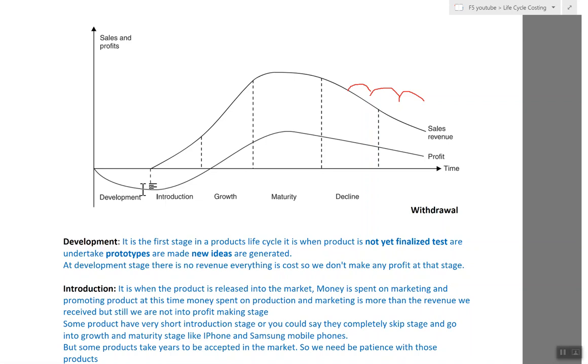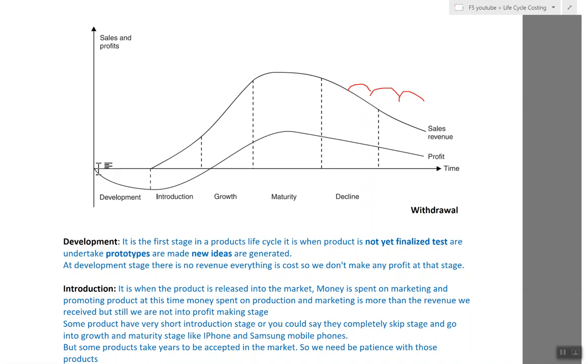So we shouldn't worry. Life cycle costing actually tells us you shouldn't worry about the product not being as profitable in some of the stages. We need to understand, is it because of the stage or is it because of a problem with our business?